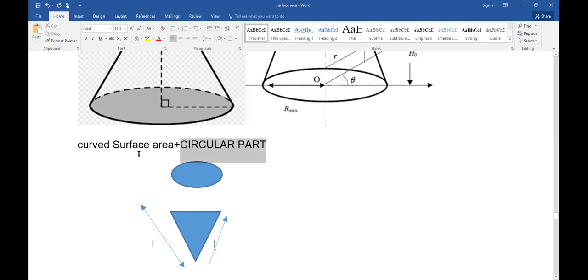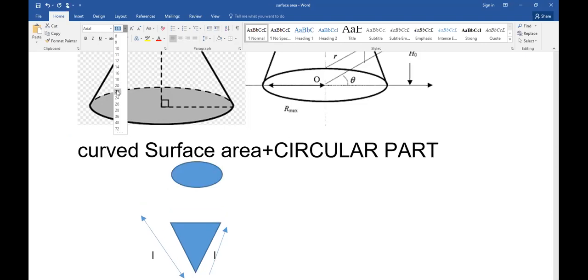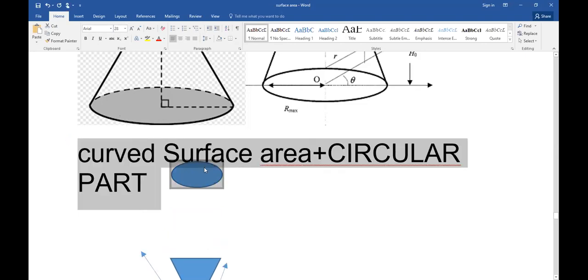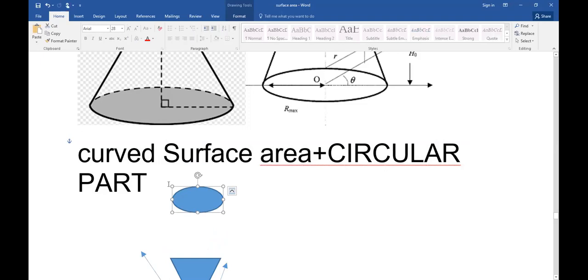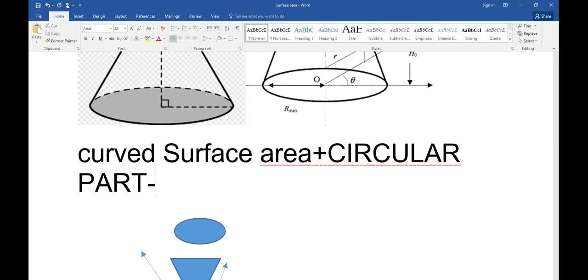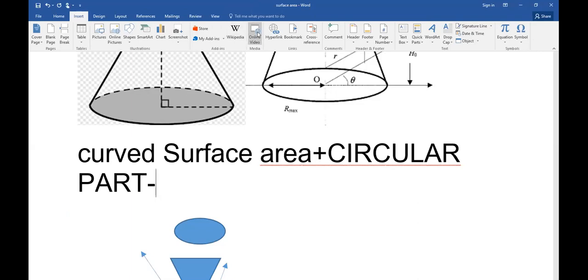Let me increase the font so that you can see this. Plus the circular part. Obviously the circular part, you know, we use pi r squared. That one is easy.